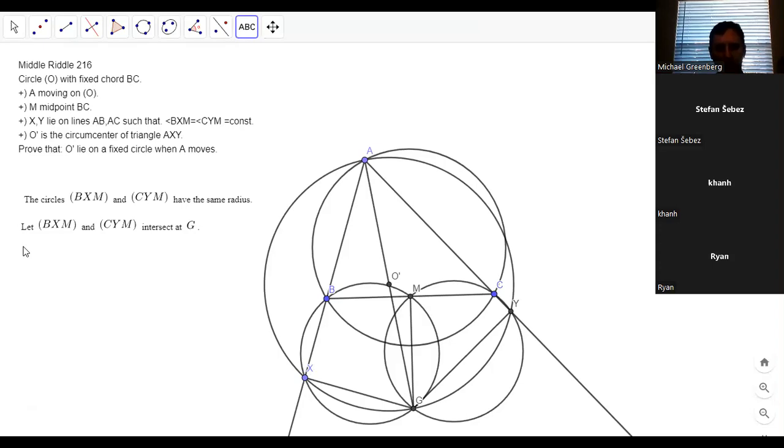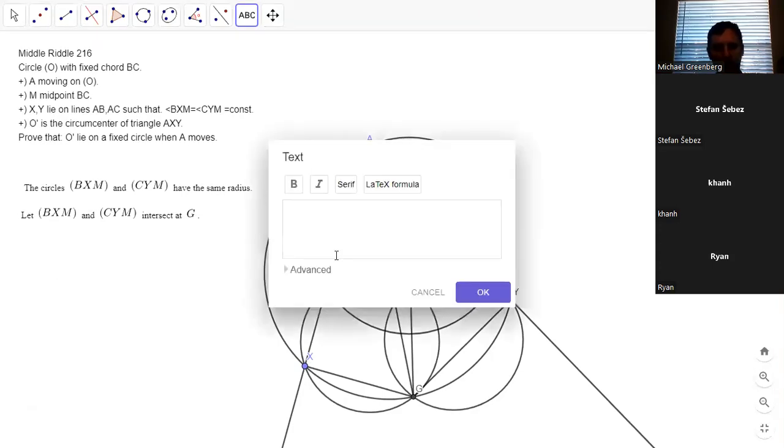So angle BGC is equal to angle BGM plus angle CGM, which is 2 angle BXM, which is constant.